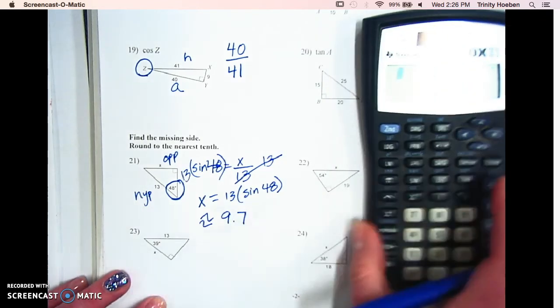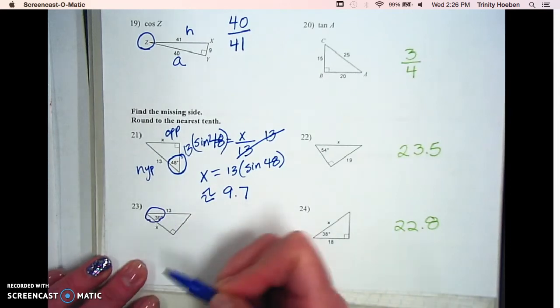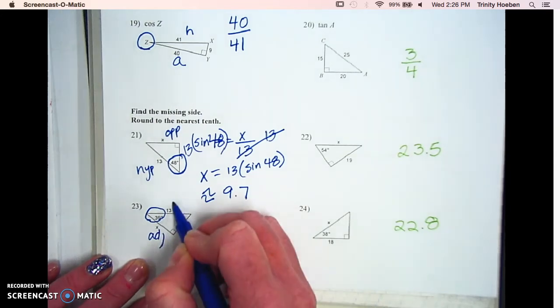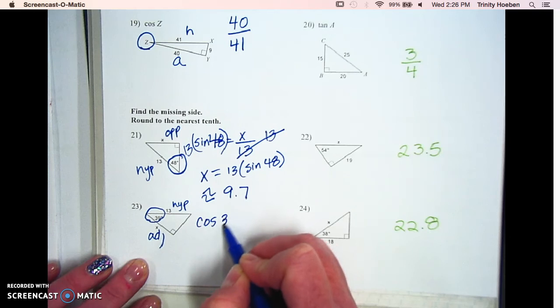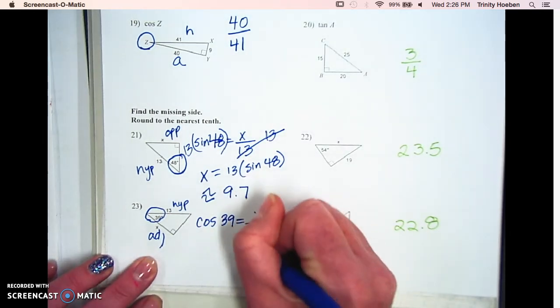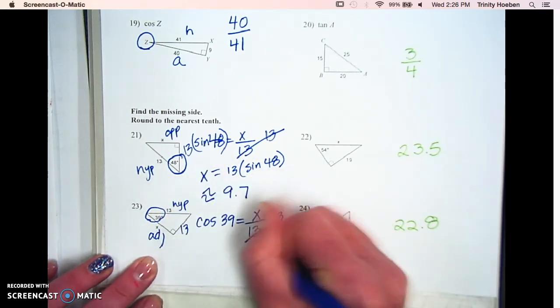Number 23, circle the angle, and then figure out what the sides are. This time you've got the adjacent and the hypotenuse. So this time you want to use cosine of 39 degrees, set it equal to the adjacent, which is x, over the hypotenuse, which is 13. Multiply both sides by the 13. These cancel.